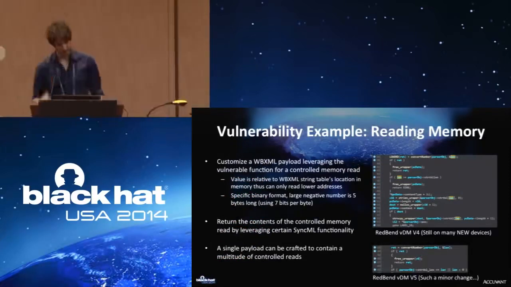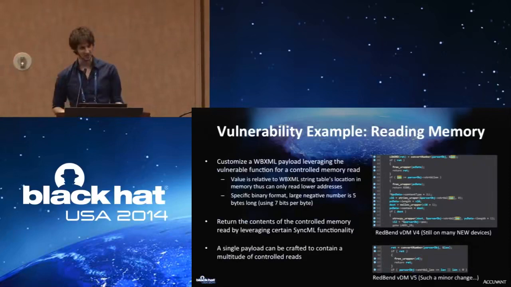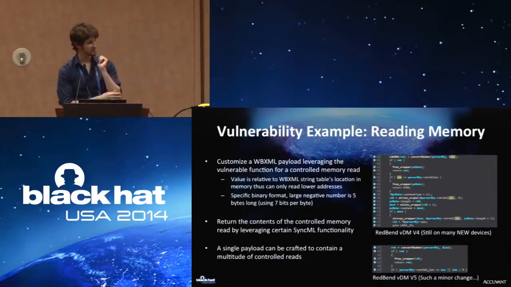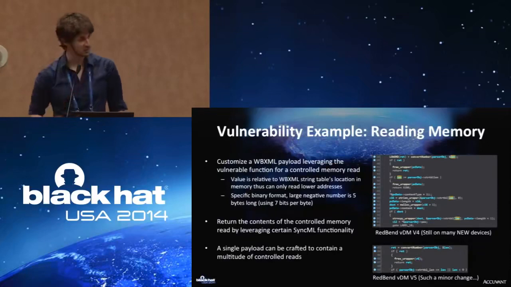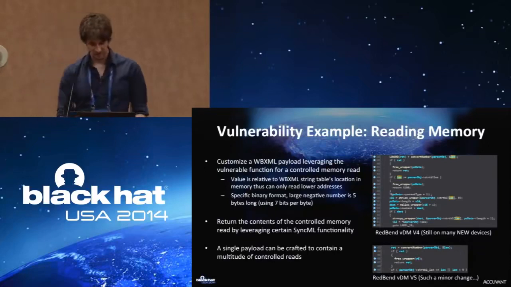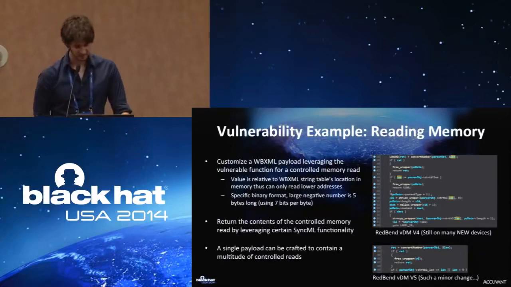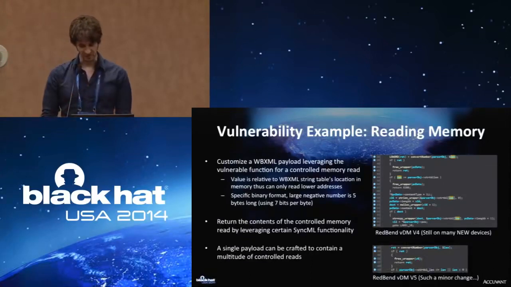Right. We wanted to talk about a specific example because it's one of the most useful integer overflows we found for achieving code execution on most devices. So this is an arbitrary read. The code you can see on the right is the code that parses the WBXML payload, which can contain numbers.